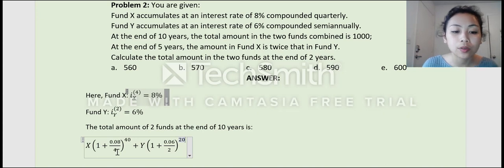You see that? So this is the total amount of the two funds at the end of 10 years.